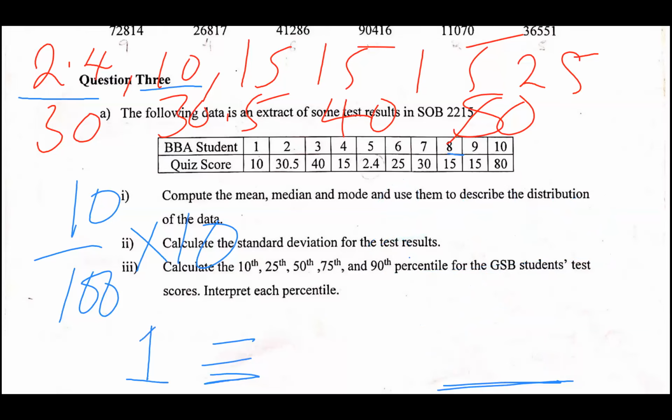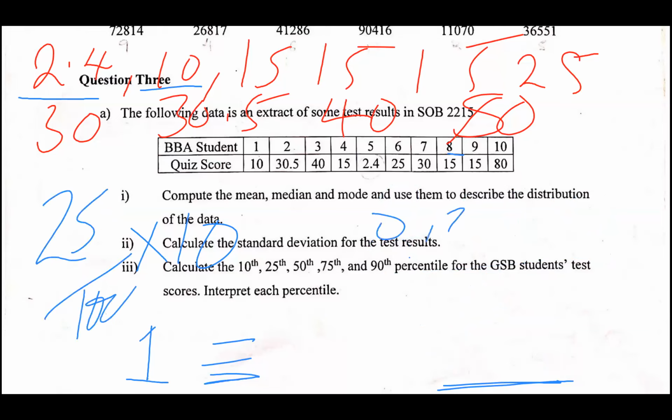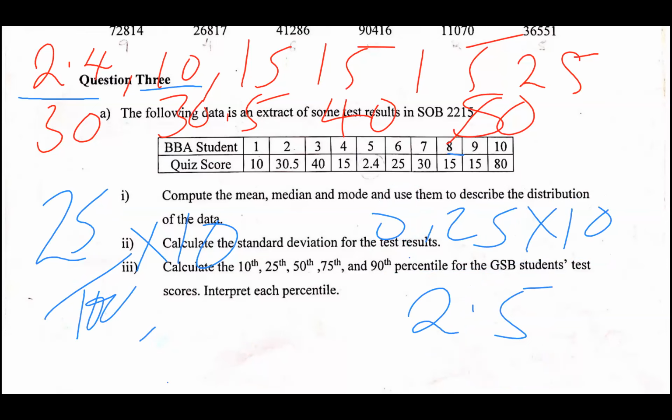The next one is the 25th percentile. You just say 25 divided by 100 times 10. This will give us 2.5. Being a decimal, the index is a decimal, so you round it up to a whole number.